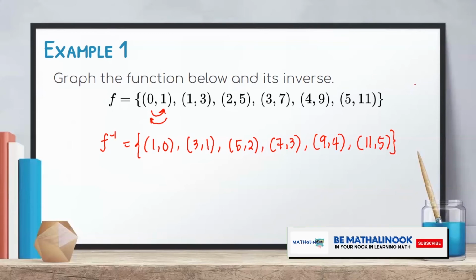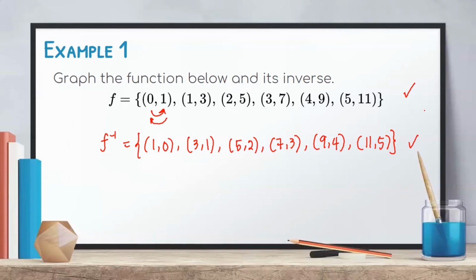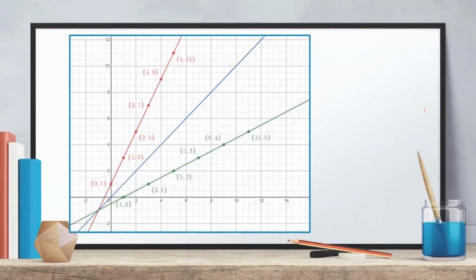To graph the function and its inverse, we will plot the ordered pairs in a Cartesian plane and connect all the points. This is the graph of the original function with ordered pairs (0, 1), (1, 3), (2, 5), (3, 7), (4, 9), and (5, 11).